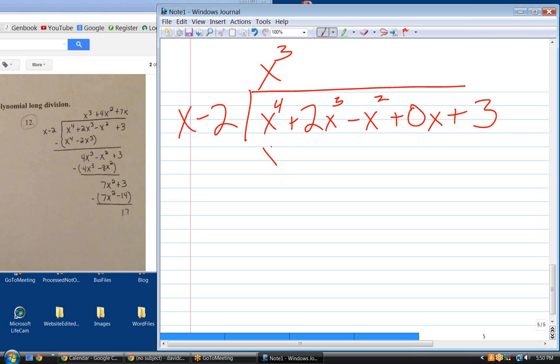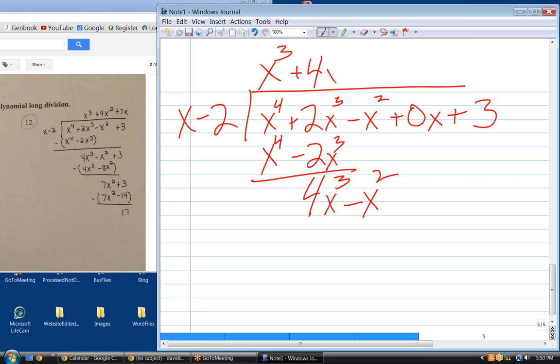So it'd be 4x minus 2x to the third. And then you subtract that and get 4x squared. And then you get 4x to the third minus 2x squared.